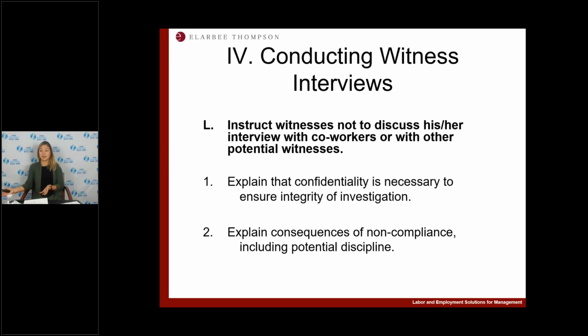You can explain that there are consequences of non-compliance. Oftentimes that's pretty hard to enforce just because you don't know who's talked to who, but it is important to stress confidentiality.